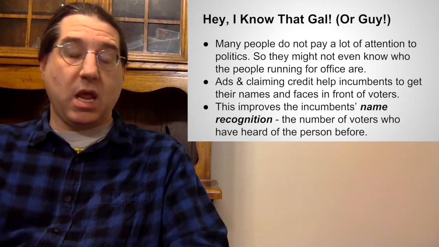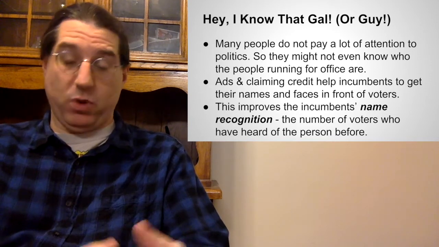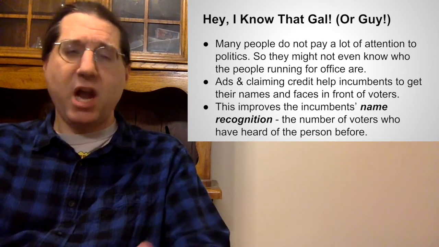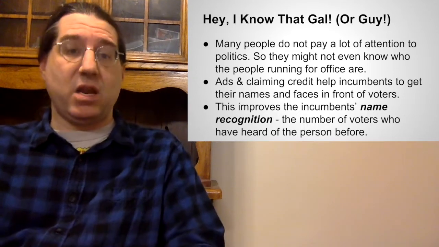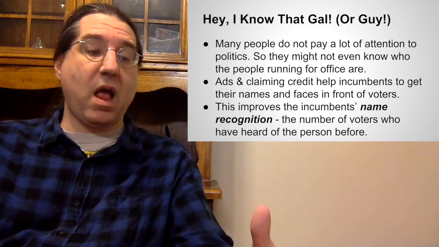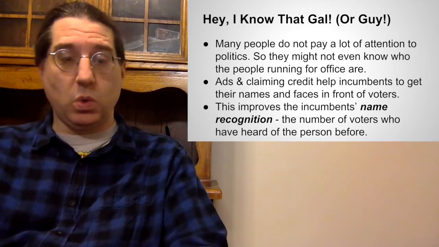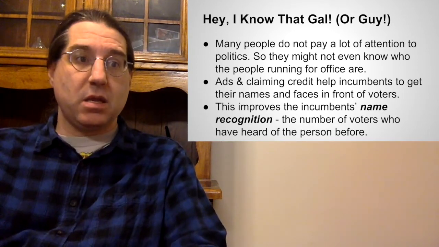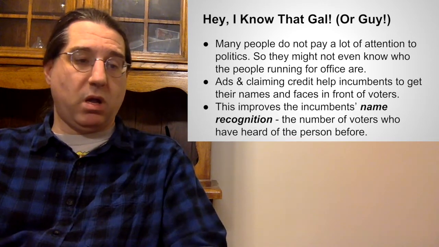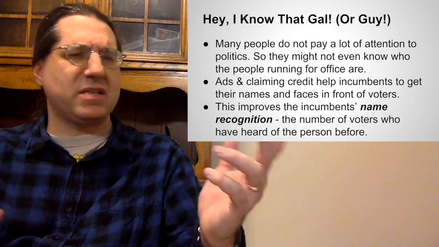So that if you ask somebody, have you heard of Smith or Jones? They'll say, oh yeah, that's the senator person or what have you. Right? That's an advantage, because if a challenger to the incumbent doesn't have that name recognition, then you might hear, well, Johnson's running. Who's Johnson? I've never heard of Johnson.